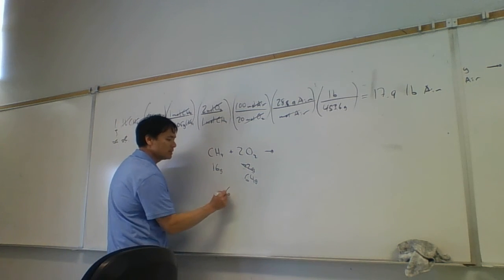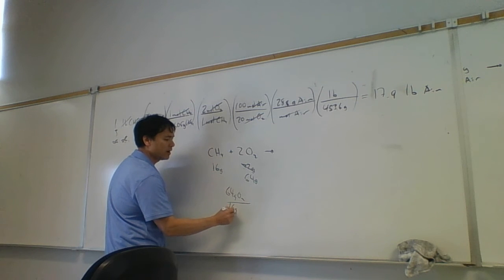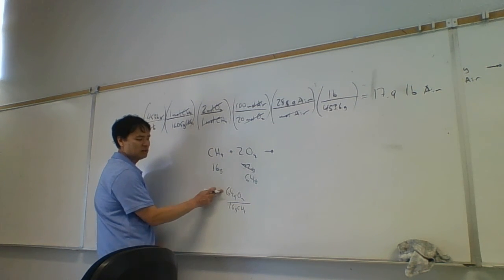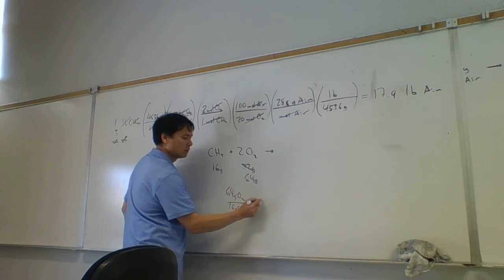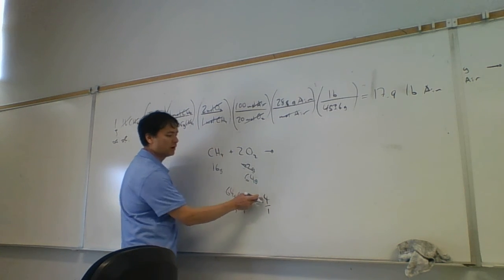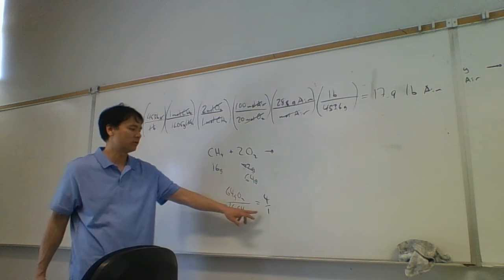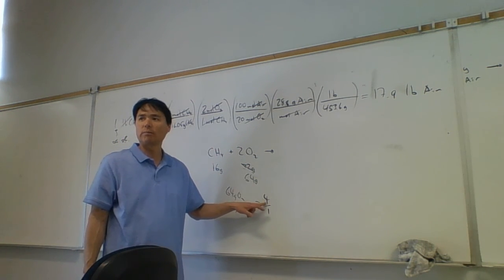Which gives me a ratio of 64 divided by 16, which is 4 to 1. So for every 4 grams of O2, I can burn 1 gram of methane, or for every 1 pound of methane, I should need 4 pounds of O2.